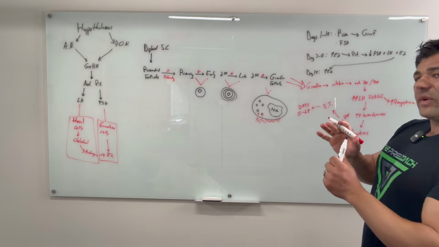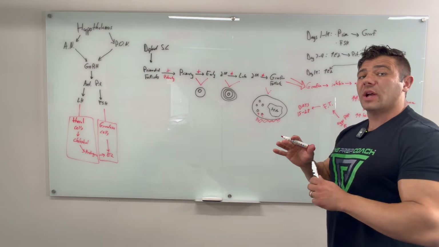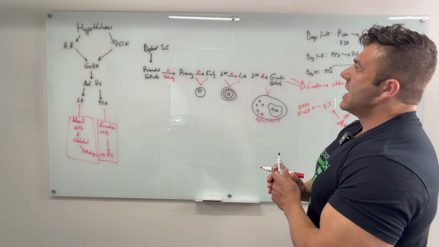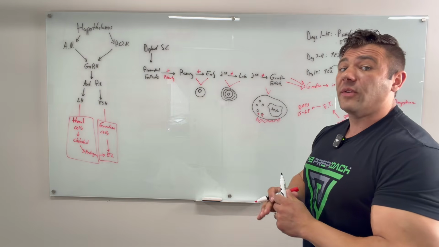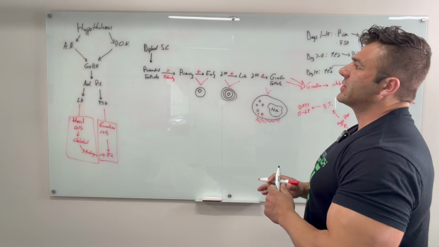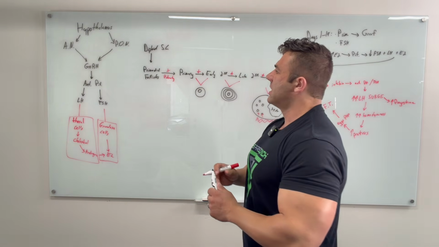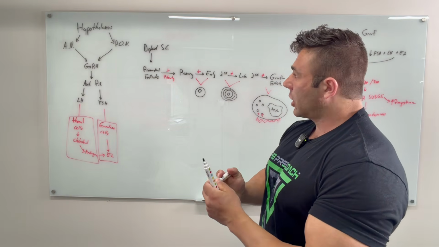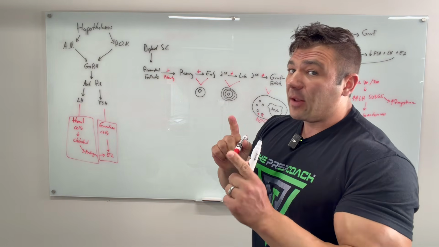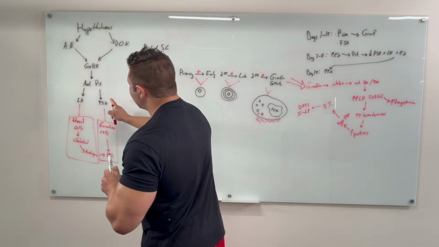Now, the reason why I said it's so important to understand this from the basics is because if you're a female out there, you've heard about a lot of these hormones and different things. You've probably heard about the hypothalamus, the anterior pituitary, and for sure luteinizing hormone and follicle stimulating hormone.